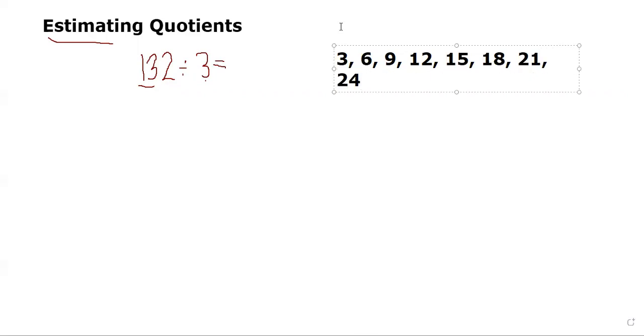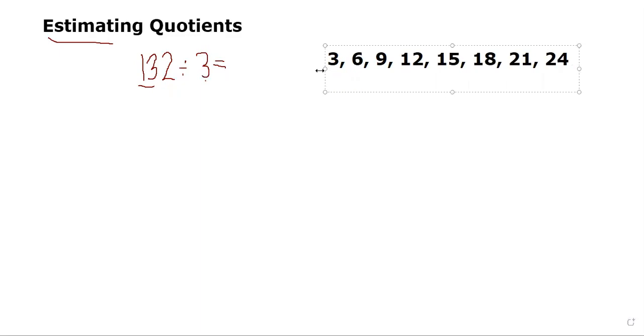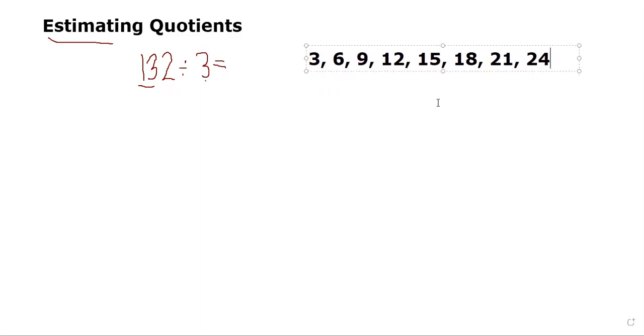I'm going to stop there at the first 8 multiples of 3, which I think in this case will be more than enough. So I'm looking at my numbers of 3, 6, 9, 12, 15, 18, 21, and 24.